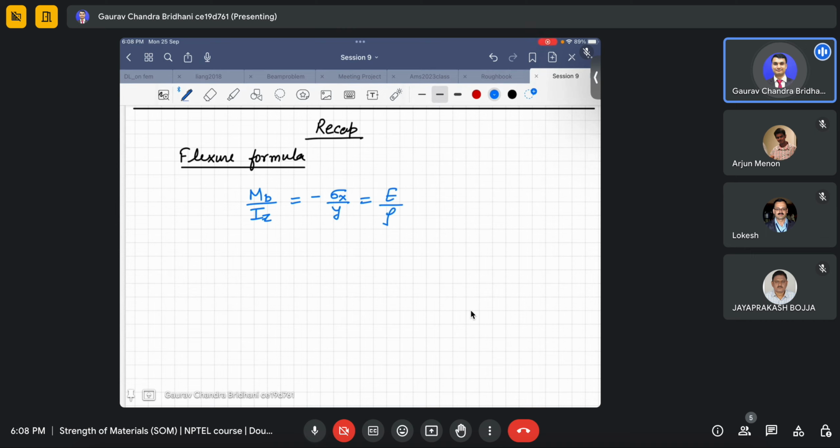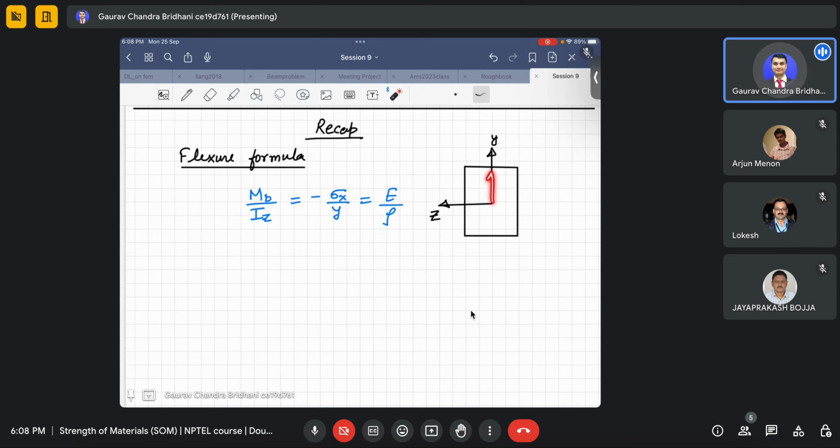I had told you why we use minus, so I'll draw the cross section here for clarity. Generally we represent the centroid at the origin of the beam. This is our z axis and this is our y axis. Our y will be positive in the upward direction and negative in the downward direction, so because of that we have to use this negative sign here.